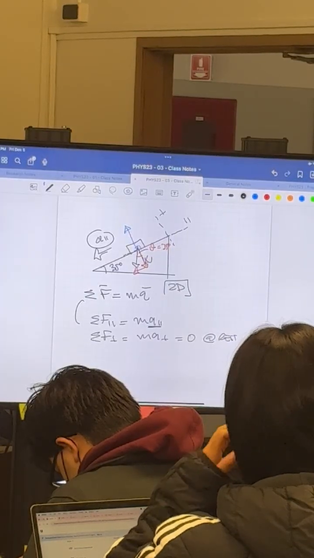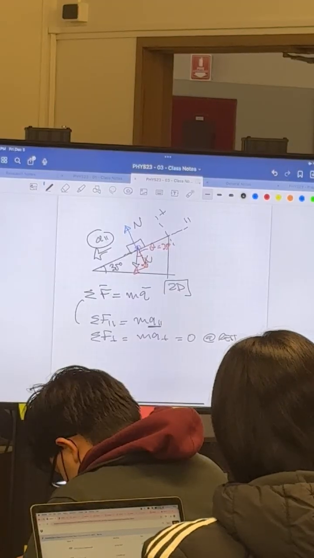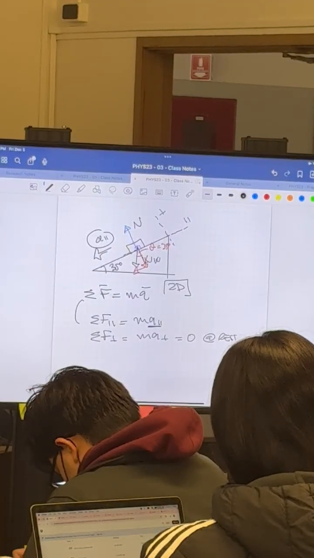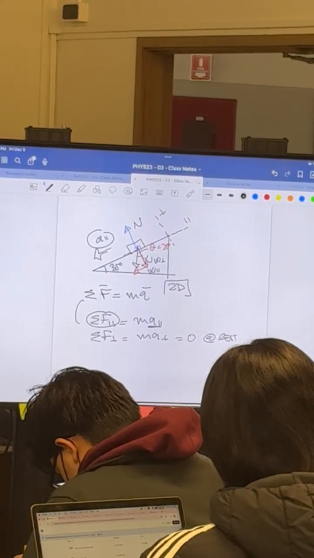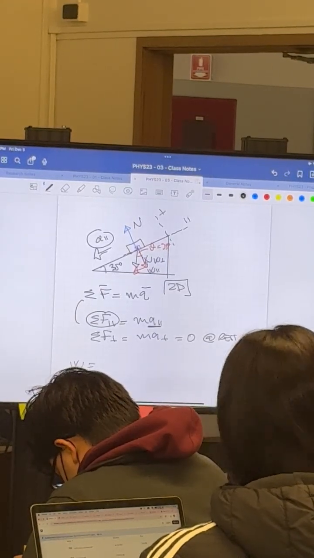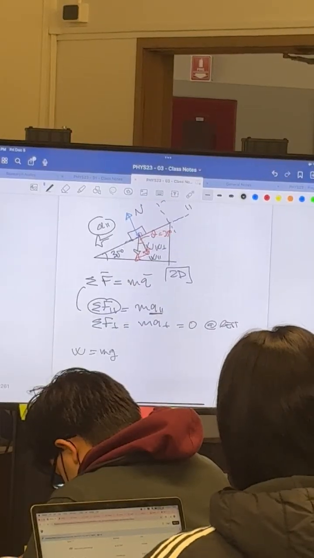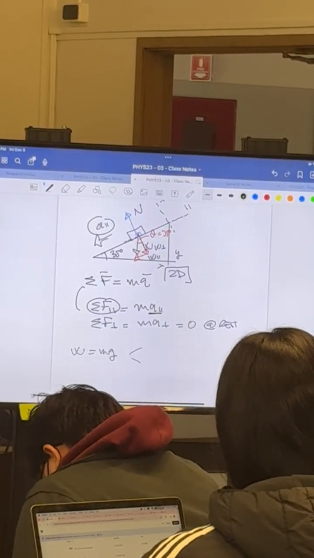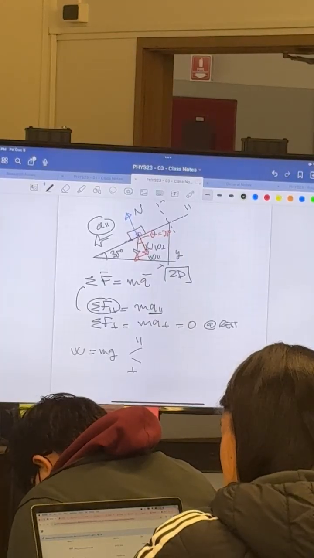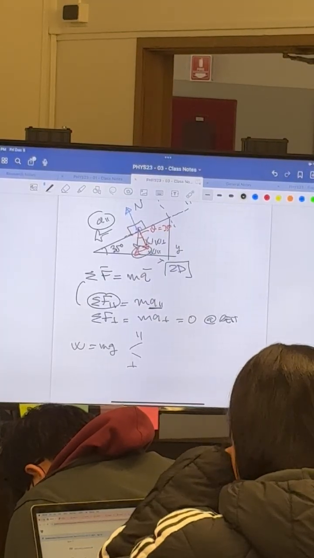In this case, because there's no friction, there's literally only the normal reactive force and then the weight that has two components, the weight perpendicular and the weight parallel. So in the parallel forces, we only have the weight that traditionally is just mass times gravity, but that is in the vertical direction, right, in the x and y directions. So when you calculate the parallel and perpendicular components, the parallel goes with the sine.